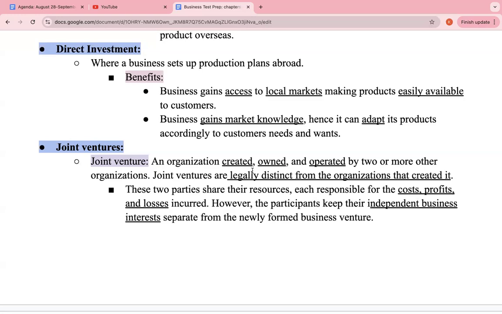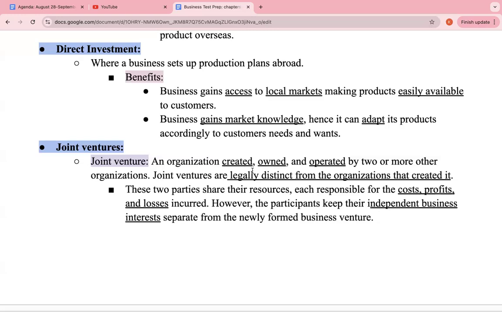Hence, it can adapt its product according to the customers' needs and wants. And again, they have different needs and wants. For example, the demand for certain foods in some countries is different from other countries. Some countries may prioritize healthy foods, other countries may not. It may be for religious reasons. Some countries have a lot of a certain religion and they can't eat a certain food while other countries can. So again, it really is dependent on the culture that you're in.